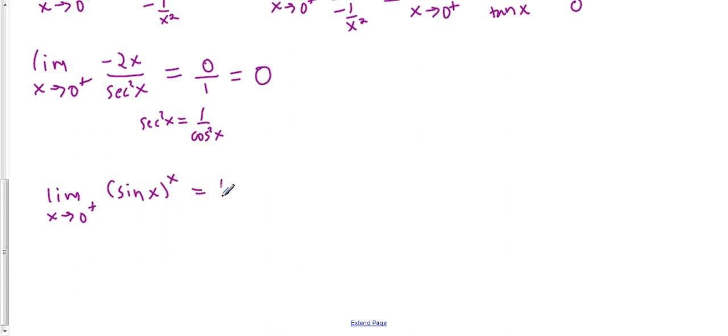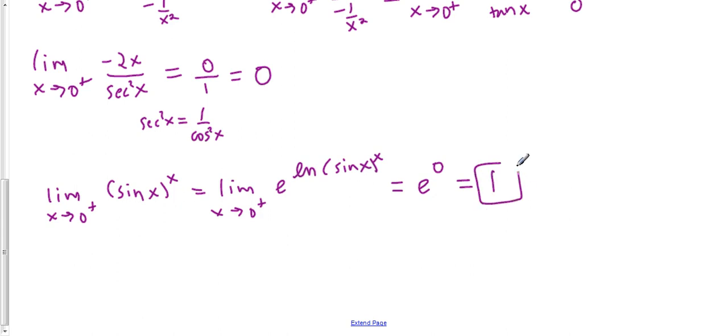And I'm going to write that as the limit as x goes to 0 from the positive side of e to the natural log of sine x to the x. And I've already figured out that part. I know what happens to the natural log of sine x to the x. I know it goes to 0. So this is going to be e to the 0, which is equal to 1. And that agrees with what I found graphically.